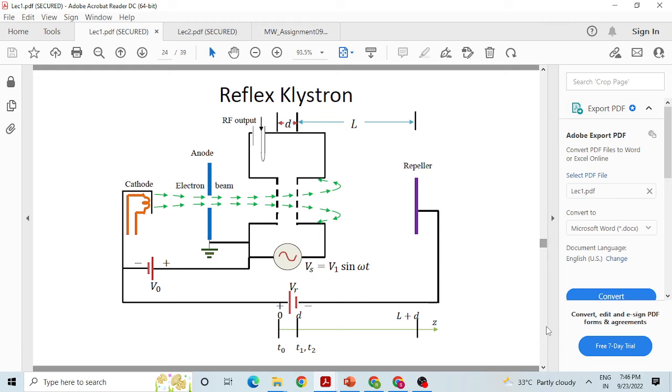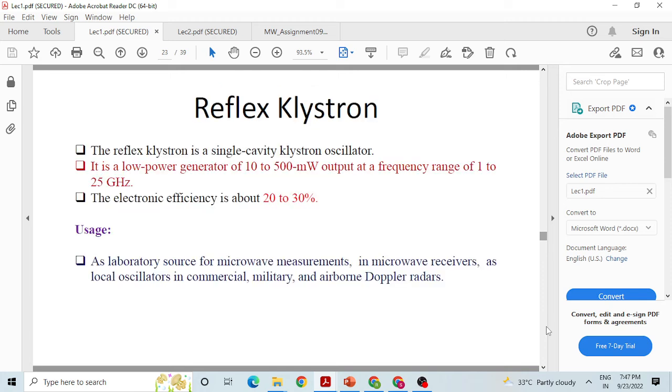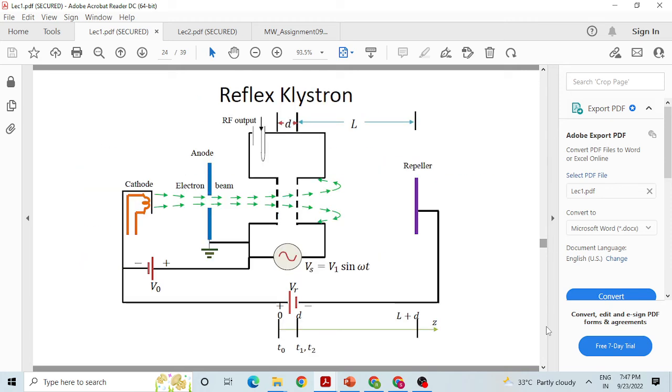So there also we are analyzing with respect to velocity modulation, that is, how the velocity of the electrons is varying with respect to the field in the cavity gap. Correct. But the thing is, how is that initial microwave generated there, because that itself is a source? That is my question.